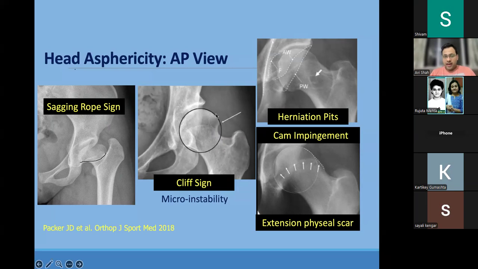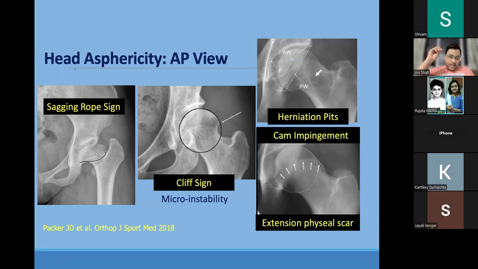If you see the head is round and suddenly from here it becomes slightly flat. Once you draw a circle, ideally the head should be round here and then it should go into the neck, which suddenly becomes flat like that. That is a sign of micro instability and possible labral pathology. So this is known as the cliff sign.